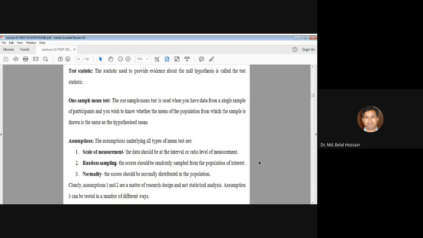The statistic used to provide evidence about the null hypothesis is called the test statistic. We have some formulas based on t, chi-squared, F or Z tests that we showed you earlier in the first slide. That is the test statistic. We have some formula like this.